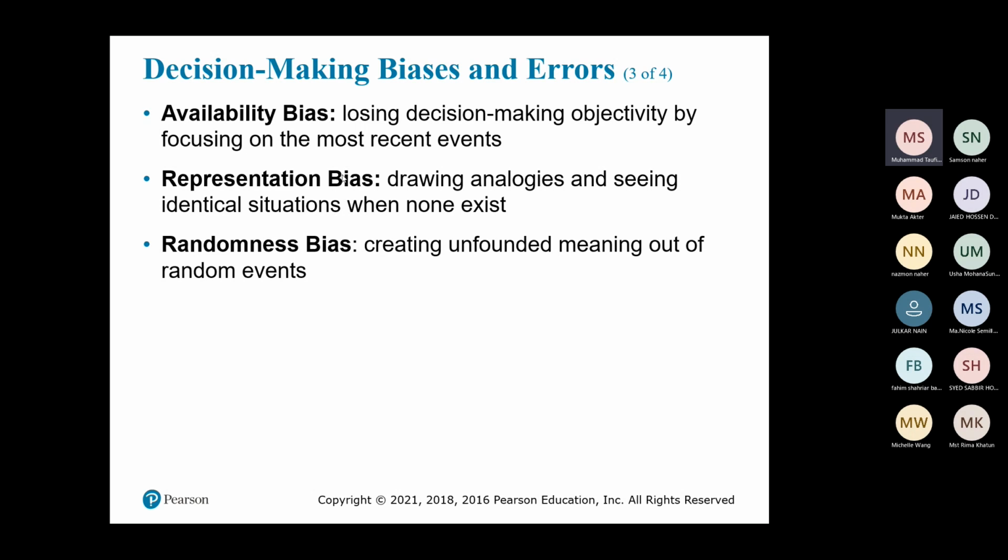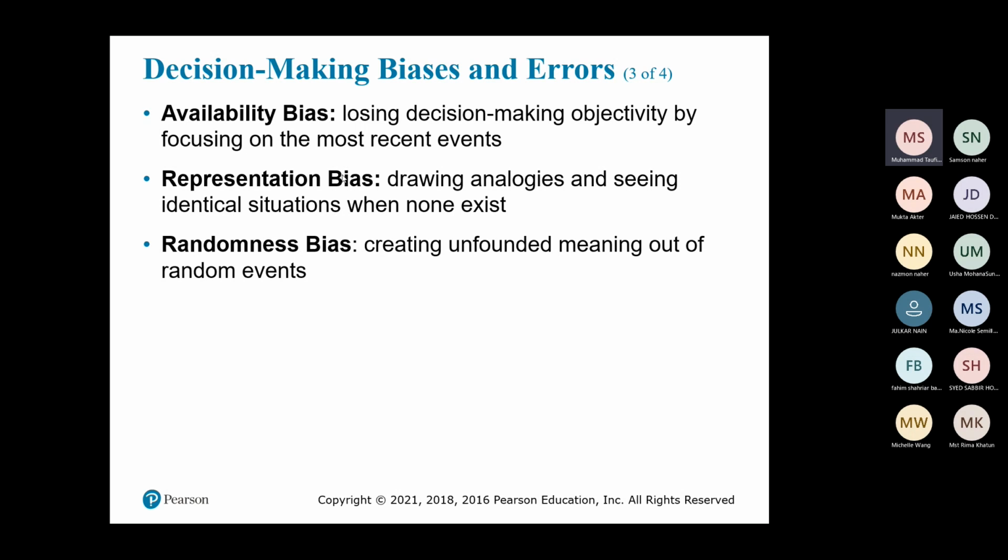Availability bias means that maybe the problem has already been going on for several months. When you want to solve the problem, you only remember the most recent event of the problem.